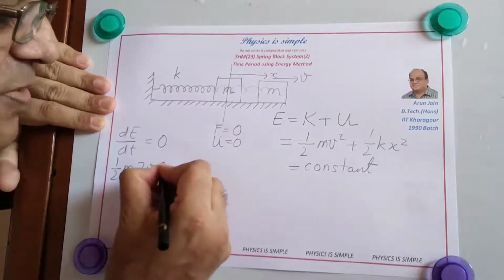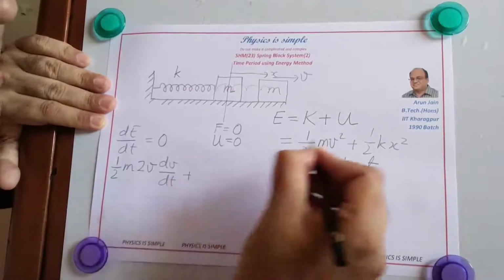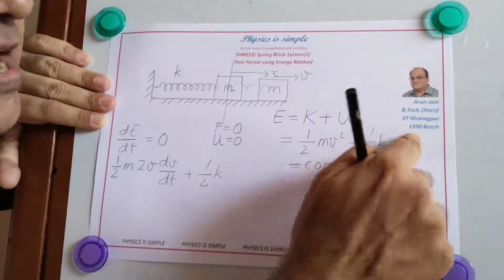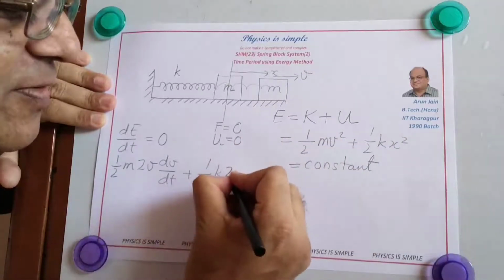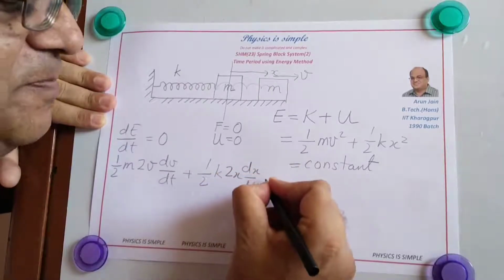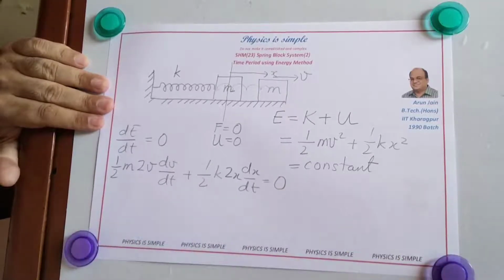But we are differentiating with respect to time, so you will get dv by dt. Plus half k again is a constant. If we differentiate x square with respect to x, we get 2x. But we are differentiating with respect to time, so we multiply by dx by dt. And this will be equal to 0 because differentiation of a constant is 0.